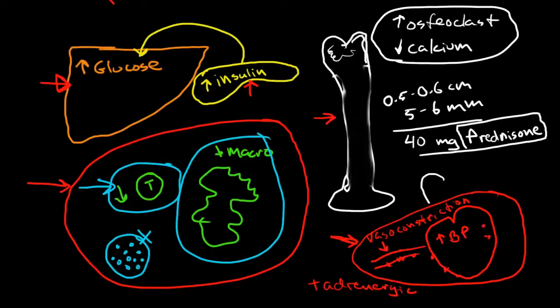So patients that have autoimmune diseases, patients that have had solid organ transplants and we need to prevent rejection, patients that have had a bone marrow transplant and we have to prevent the new graft of the bone marrow from attacking the host's body, people with asthma, people with COPD. A lot of these patients need to be on long-term steroids, and the long-term steroids is keeping them alive but at a great cost because of these long-term side effects.